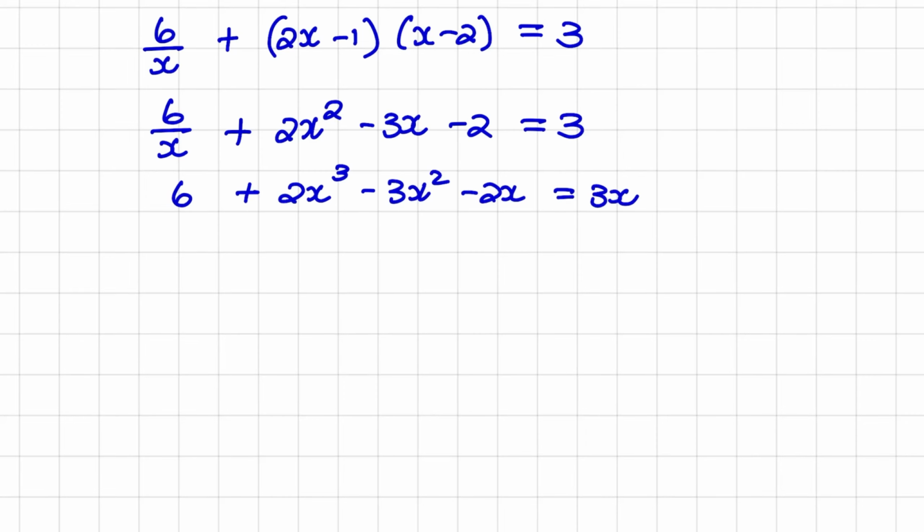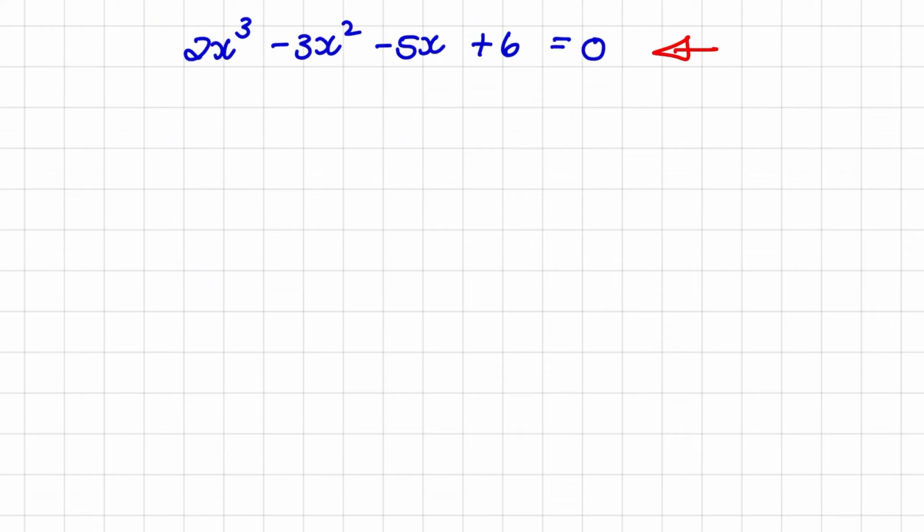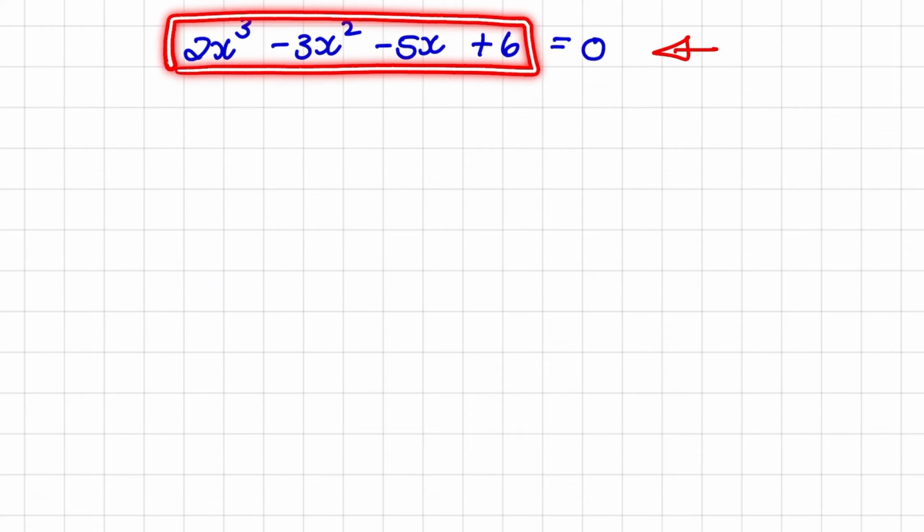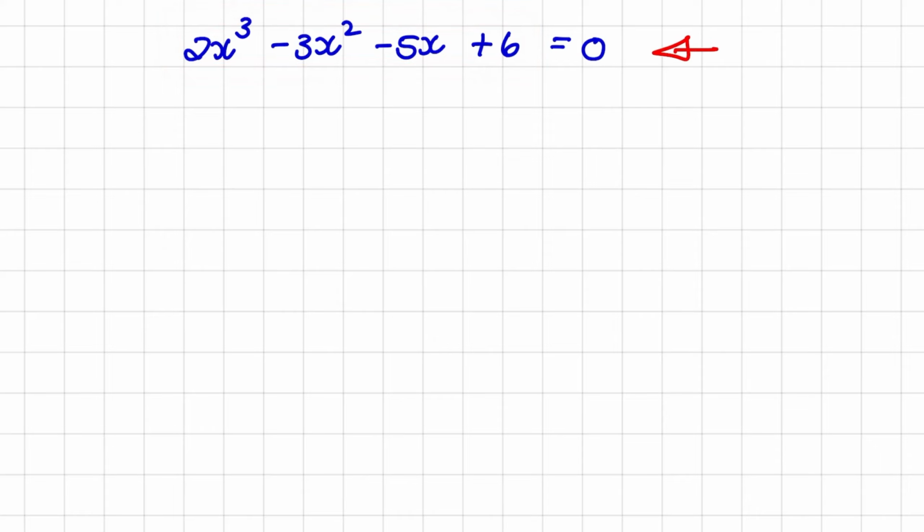And if I rewrite that expression in standard form, I have 2x cubed minus 3x squared minus 5x plus 6 equal to 0. Now again, I will test different values of x to find a factor of this expression. And after testing, I find x minus 1 is a factor in this expression.